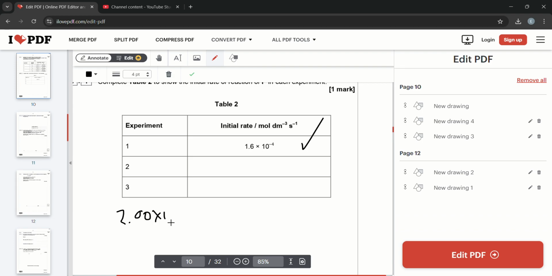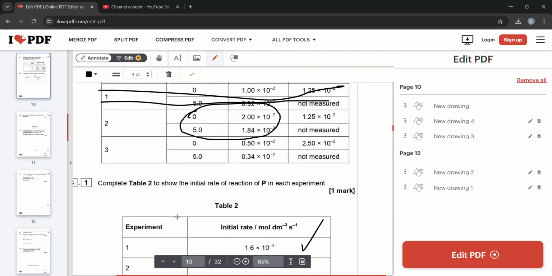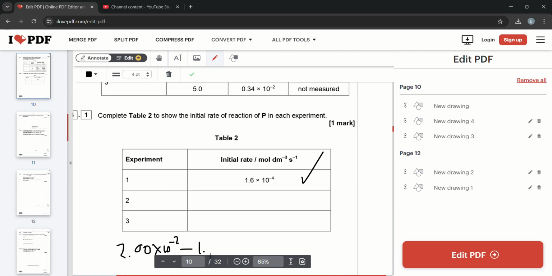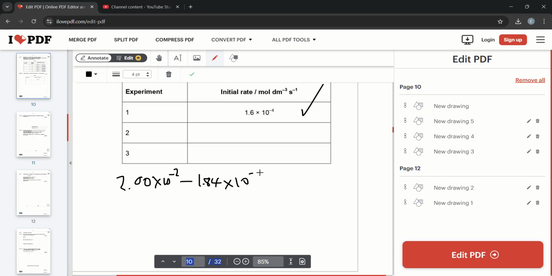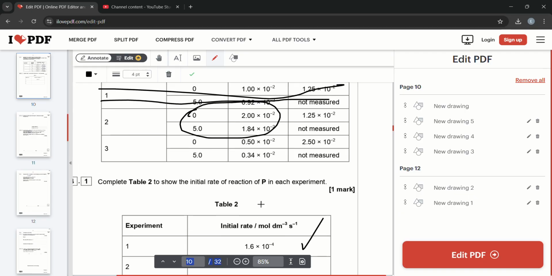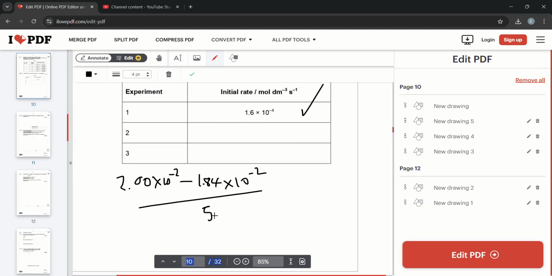2.00 times 10 to the power minus 2 minus 1.84 times 10 to the power minus 2, divided by 5. This is for experiment 2.